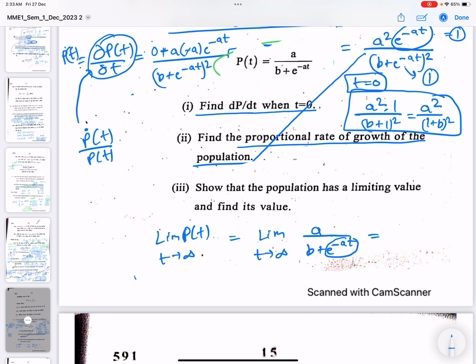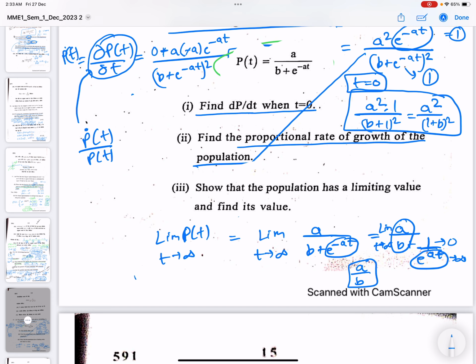This can be written as b plus 1 by e to the power at. As t approaches infinity, this term would approach infinity because a is positive and t is also positive. E to the power infinity would approach infinity, and 1 upon something infinite would approach 0. So the limiting value would become a upon b.